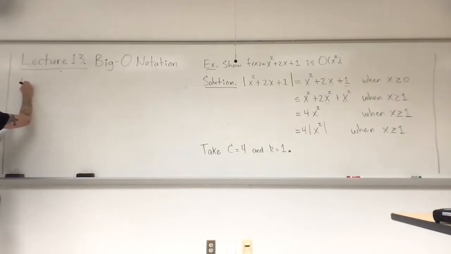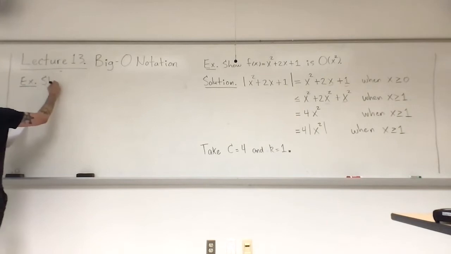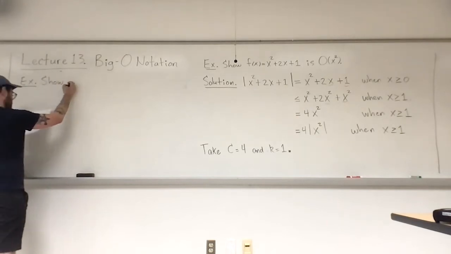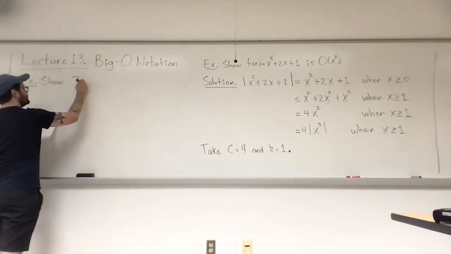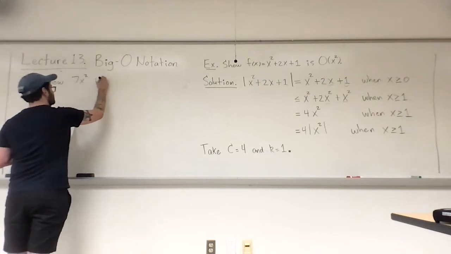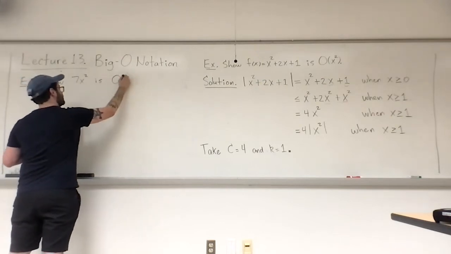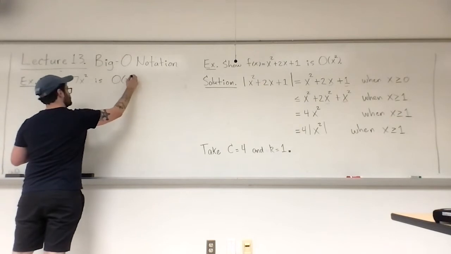So, show 7x squared is big O of x cubed.